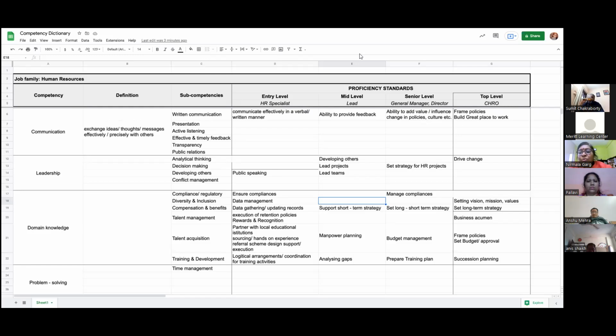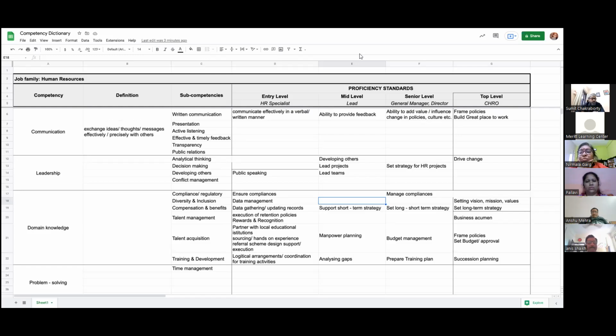Here I want you to appreciate that, by my understanding, seniority and experience, I know that an entry-level person will do this, a mid-level person will do this, and a top-level person will do this in an HR function. So I'm looking at function-level competencies, which at every level you will be doing, and what kind of behaviors will be there. Are you getting me?